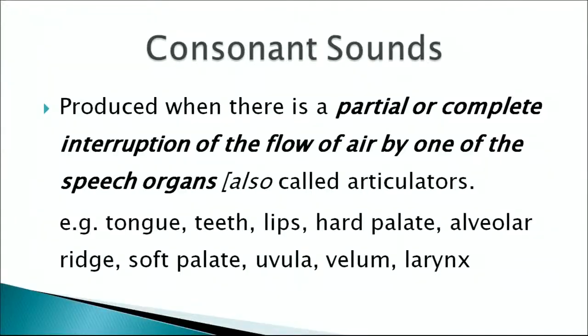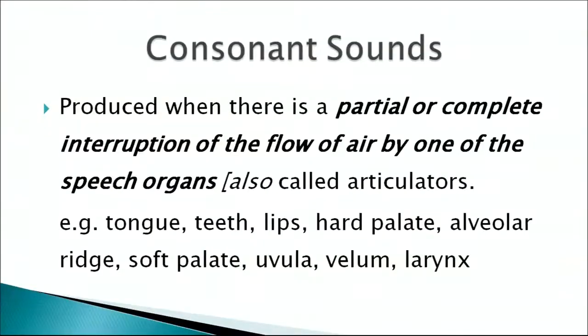What are consonant sounds? Consonant sounds are those which are produced when there is a partial or complete interruption of the flow of the air by one of the speech organs, also called articulators, that is tongue, teeth, lips, hard palate, alveolar ridge, soft palate, uvula, velum and the larynx, right.